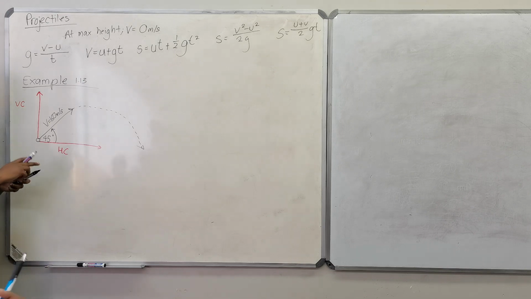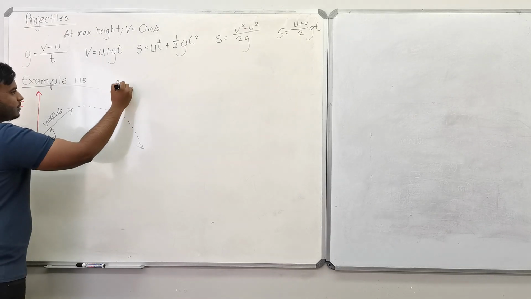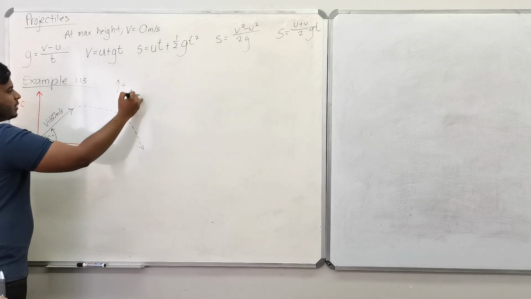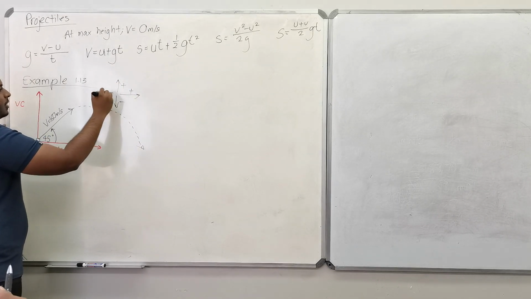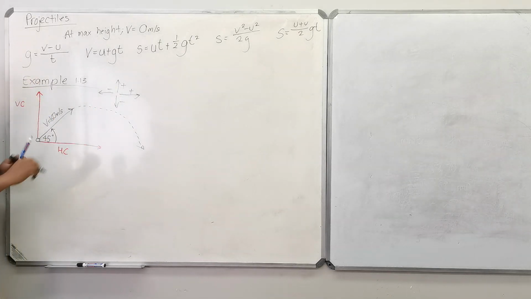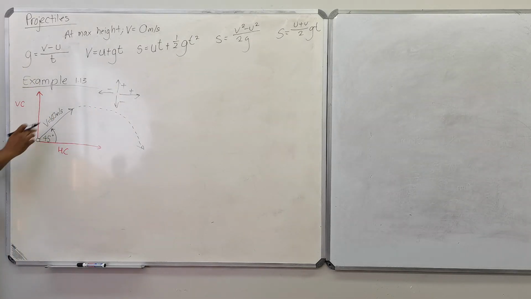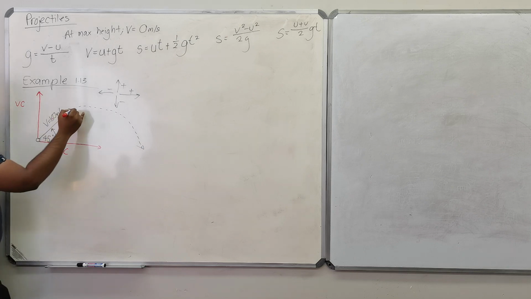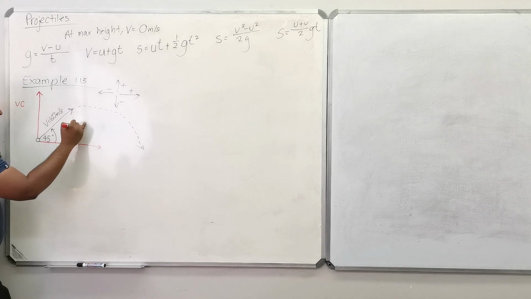So I'm taking up as positive, east as positive, down as negative, west as negative. Right? So remember now we got two sets of axes in that angle. What should your vertical component be equal to? 160 sine 45. If you draw it parallel here, that's a 90 degree.